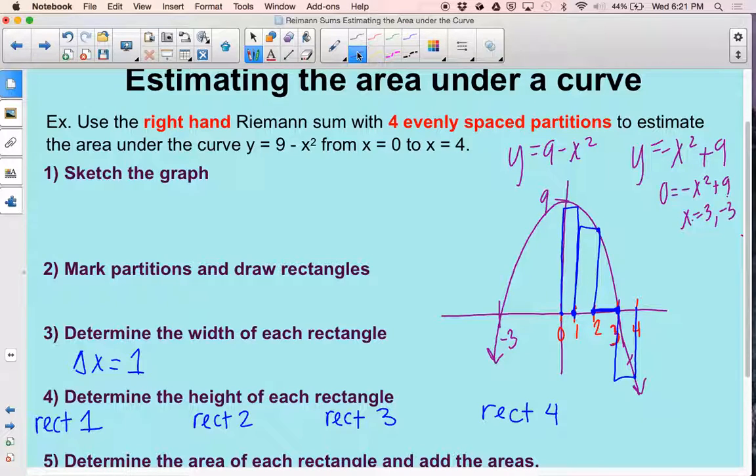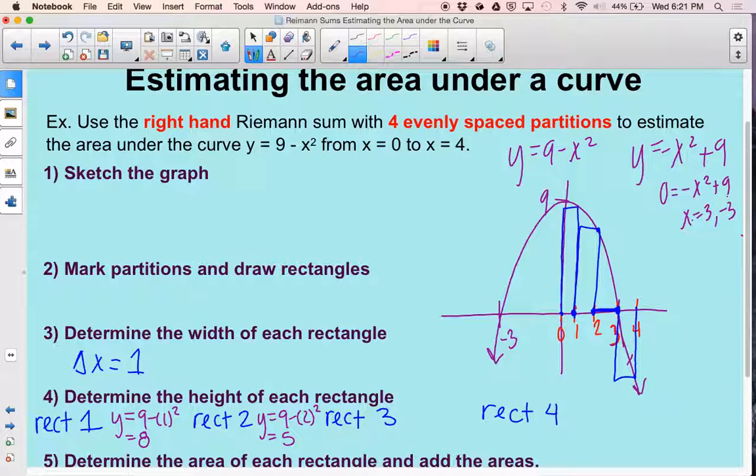So the heights. My height for rectangle 1 comes from using x equals 1. So I'm going to plug in 1. We've got y equals 9 minus 1 squared, which is 8. Rectangle 2, we're going to use 2 to figure out that height. So y equals 9 minus 2 squared, so 9 minus 4, so 5.